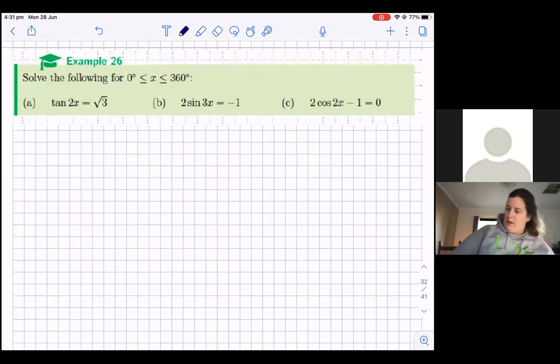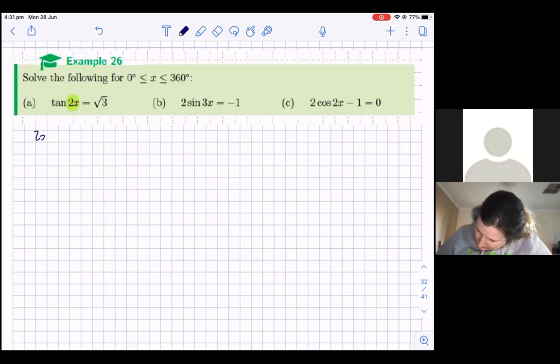Okay, solving these ones. Now, don't forget, we've got to go a few ways around the circles. So this time we're going to have to go twice around the circles. So if we've got tan 2x equals root 3, that means 2x equals arctan root 3, 60 degrees.